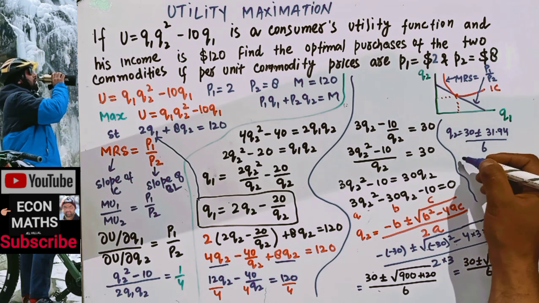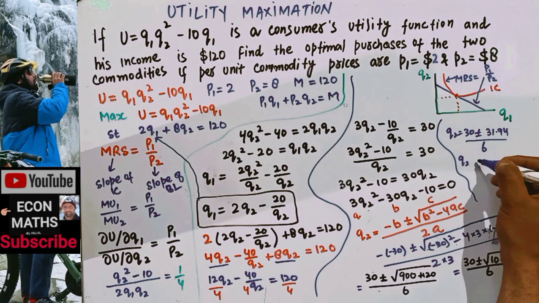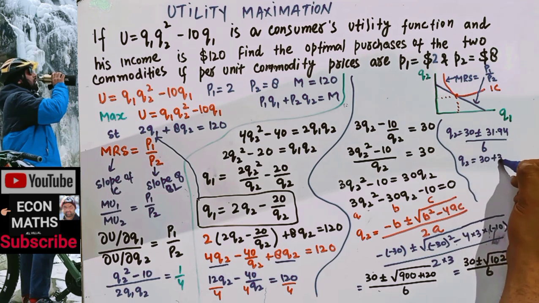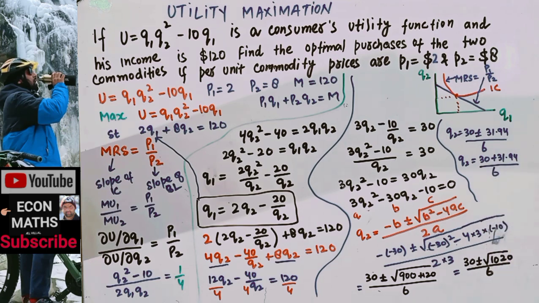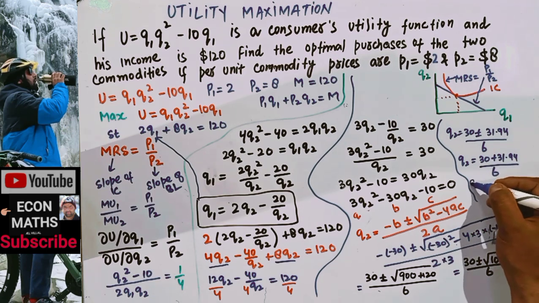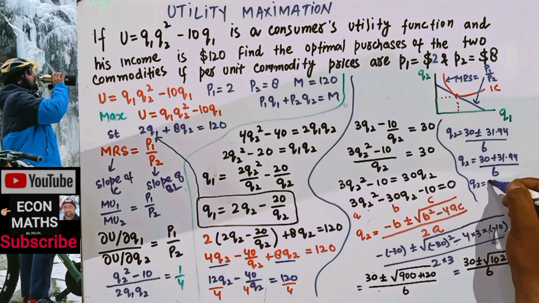Here you can see either q2 is equal to 30 plus 31.94 divided by 6, or q2 is equal to 30 minus 31.94 divided by 6. Okay, so we got two values for q2.